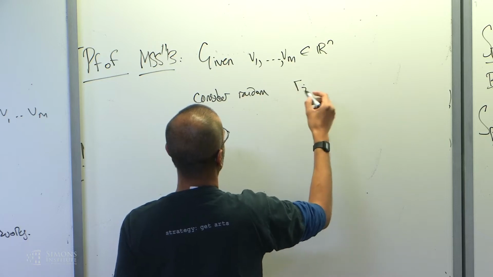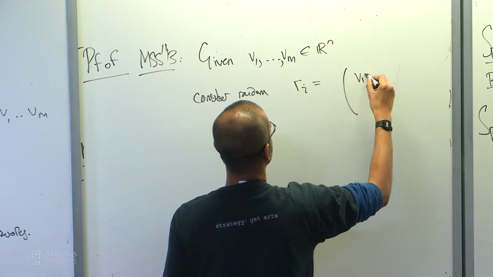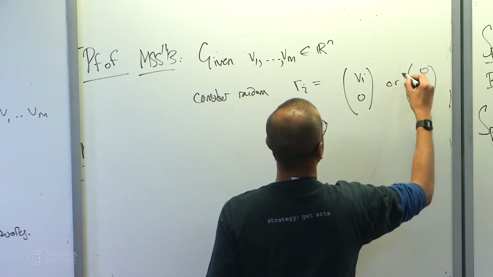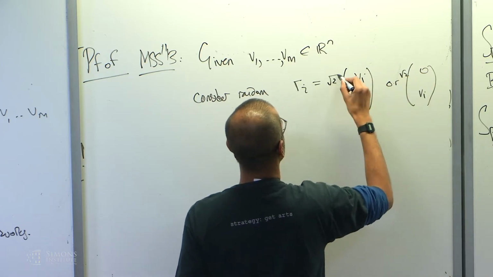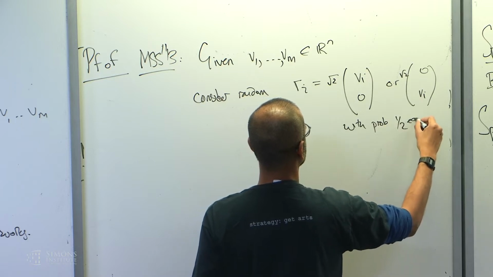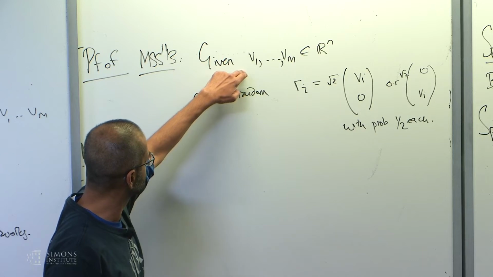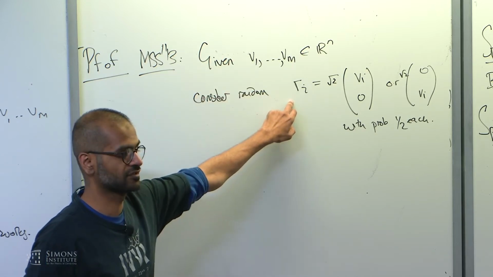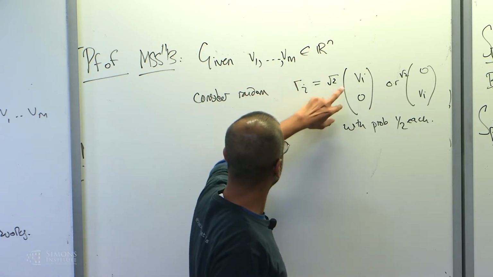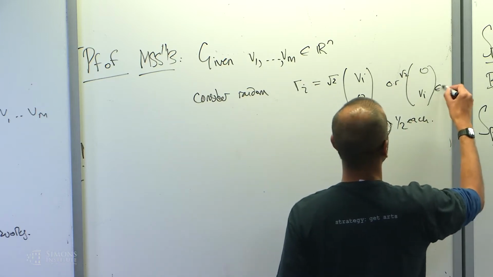Let's make a random vector Ri for each vi that's just equal to (vi, 0) or (0, vi) times square root 2 with probability half each independently. Okay. So you gave me this discrepancy problem. I constructed a bunch of independent random vectors that do something very natural. They either embed this vector in a top block or a bottom block of some vectors in 2n-dimensional space.